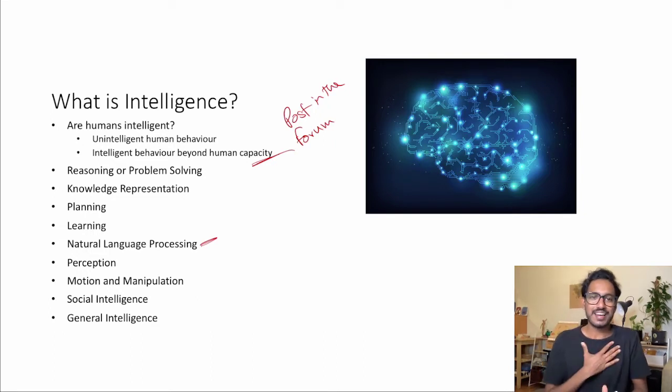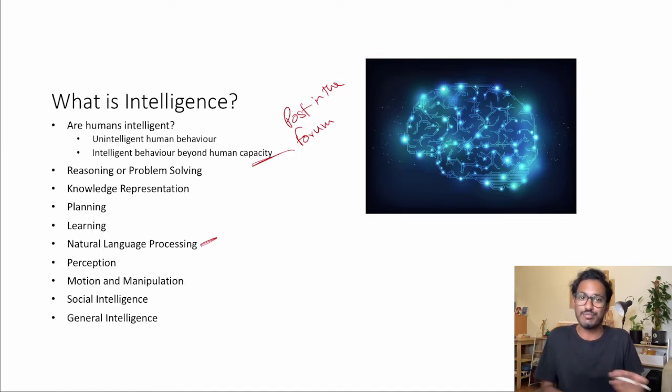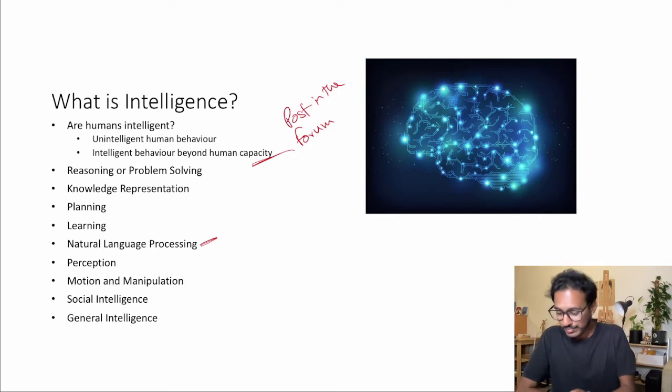When things we think are intelligent become more mainstream, we tend to think, oh, that's pretty much expected, not really intelligent behavior. Going by some of the original definitions of machine intelligence, just adding two numbers would be an intelligent thing to do. So, natural language processing, then perception, like seeing something or hearing something and understanding what's going on.